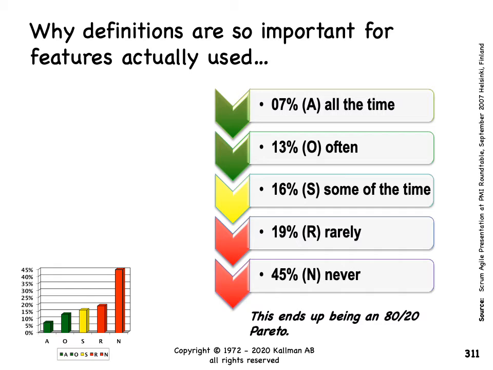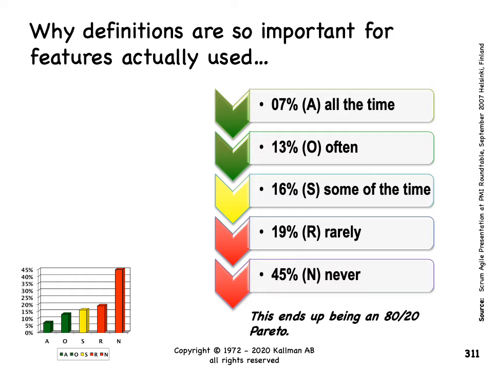And they found out that 7% of the features were used all the time. 13% were used often. 16% some of the time. And here's where it gets really interesting. 19% were rarely used. 45% were never used, almost half.